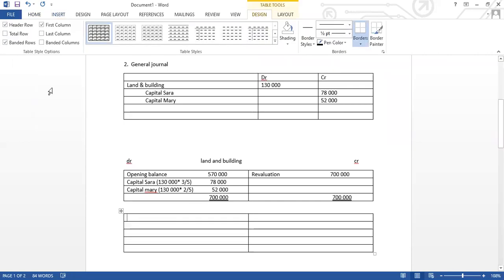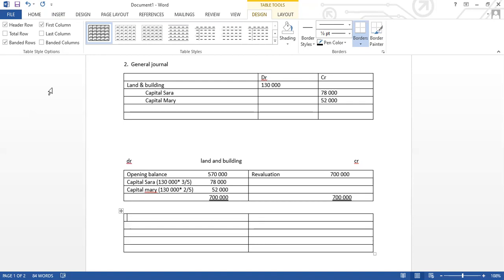Sarah? Yes, ma'am. This account, the general journal, is it part of the account which is called the capital account? They are different. The general journal is a book of first entry, while the capital account is a ledger.